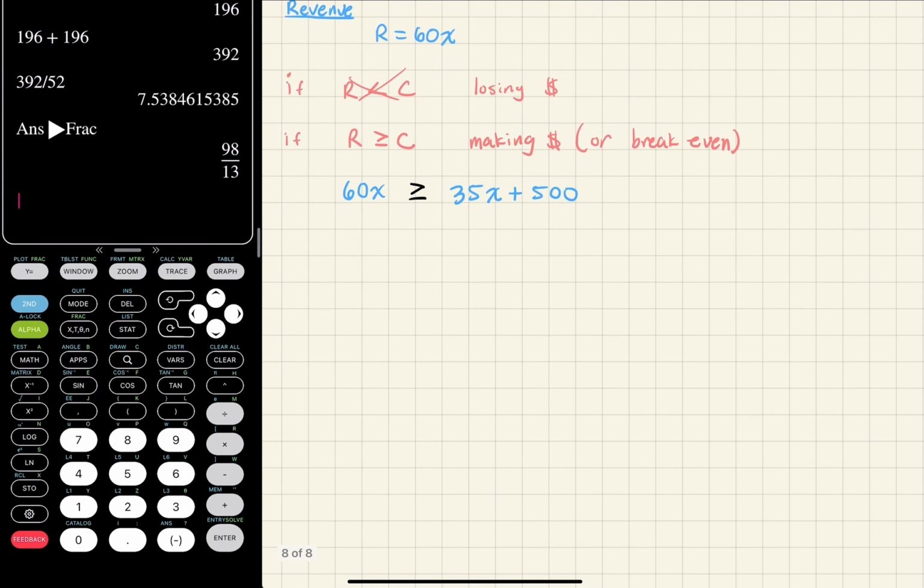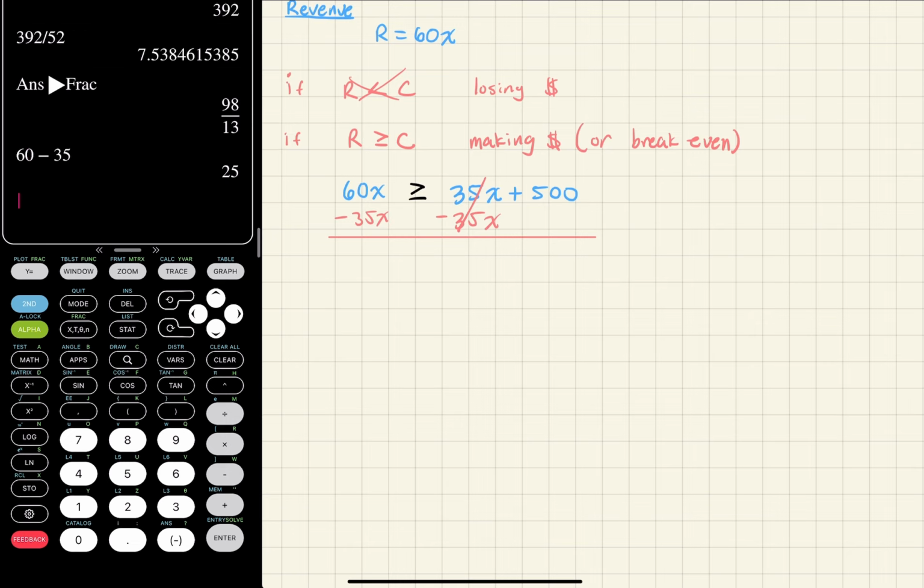Solving this, we just need to treat it like an equation, get all of our x's on one side. So I'll move the 35x over here. And we'll have 25x is greater than or equal to 500.